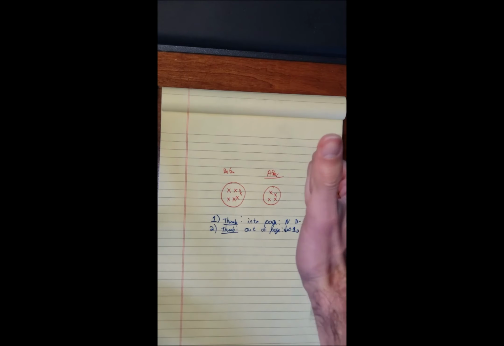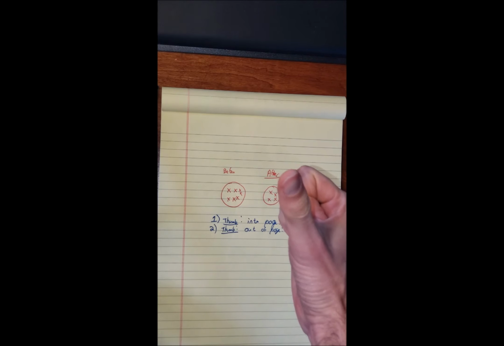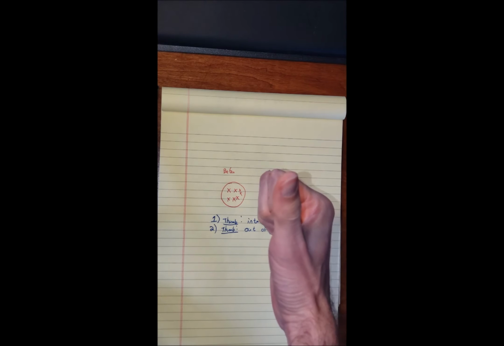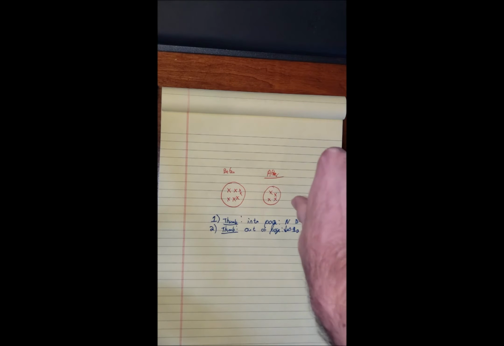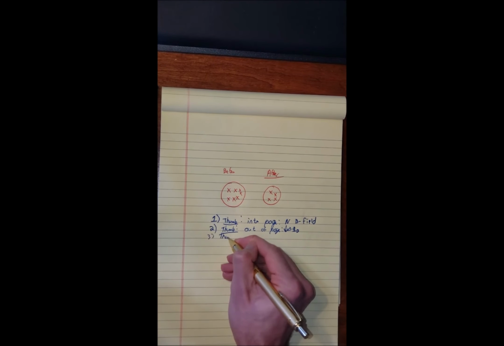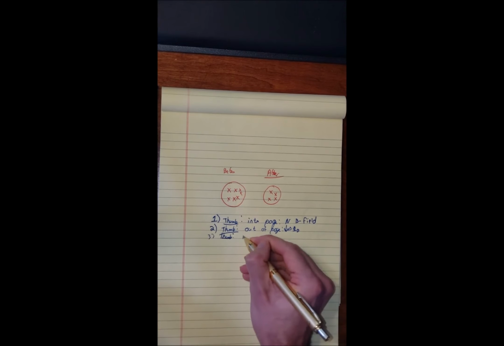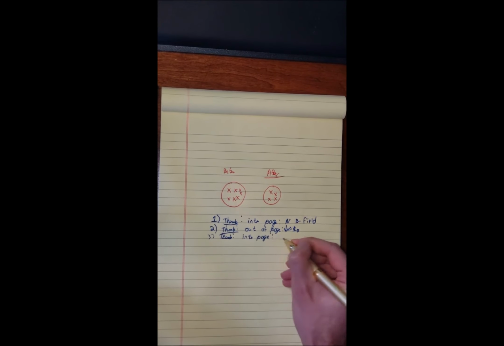So now that we're going out of the page, the next step is look at the induced magnetic field. And the induced magnetic field is opposite of the change in the magnetic flux, which brings us back down into the page. So step 3, our thumb is into page, and that represents the induced magnetic field.